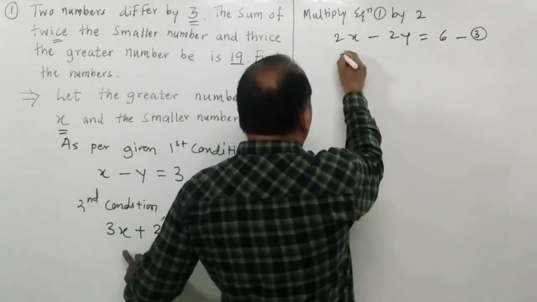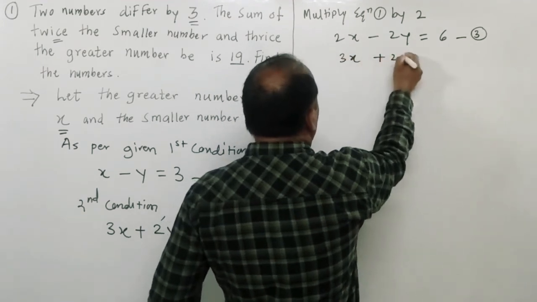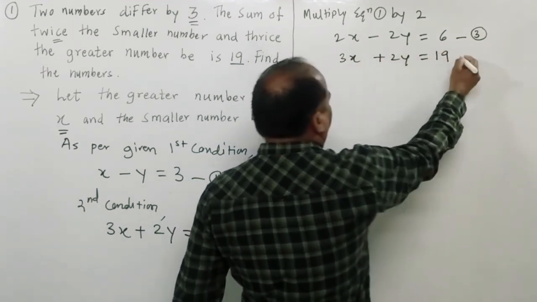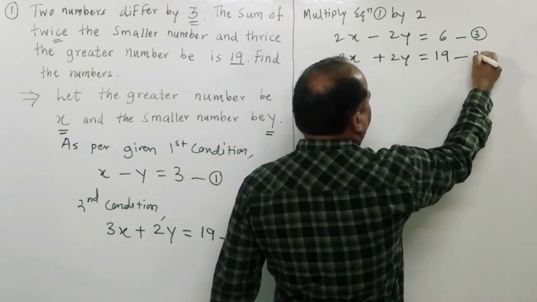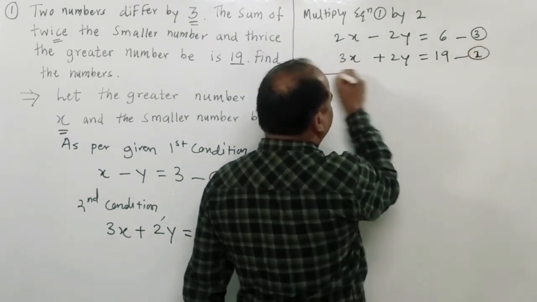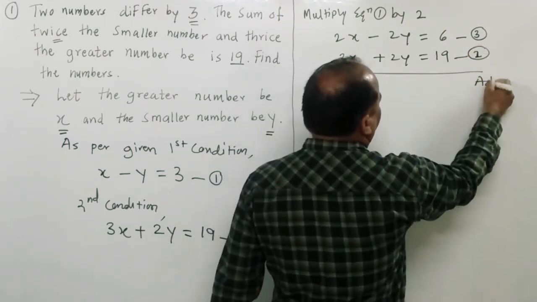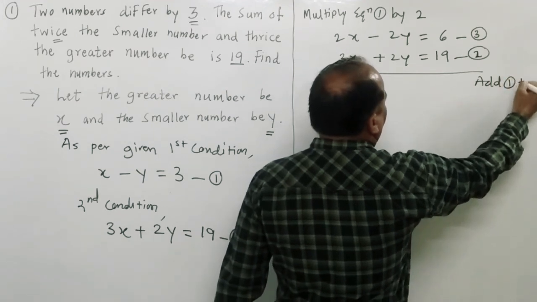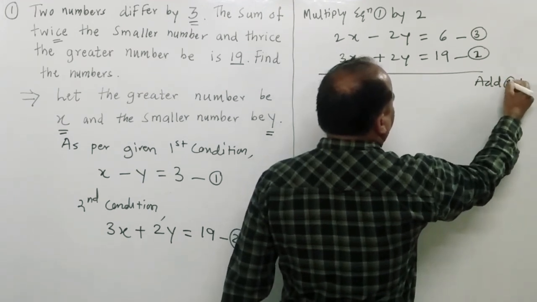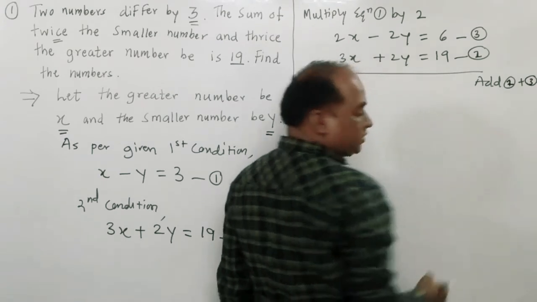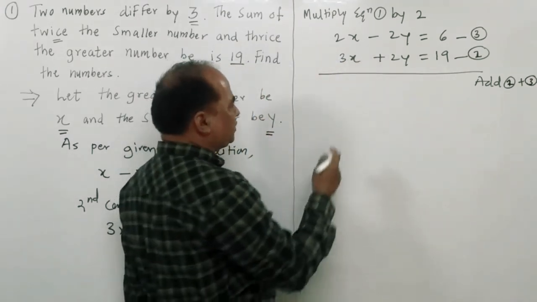And equation number 2 is 3x plus 2y is equal to 19. We will add these two equations, equation 2 plus equation 3. We will add both the equations.